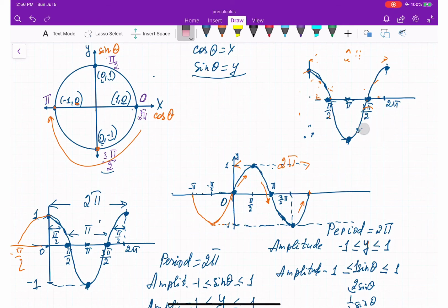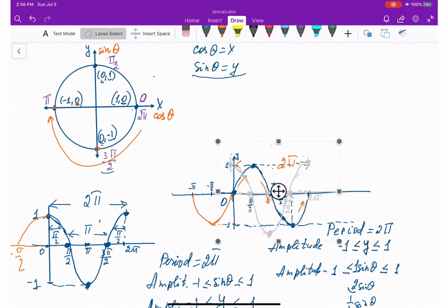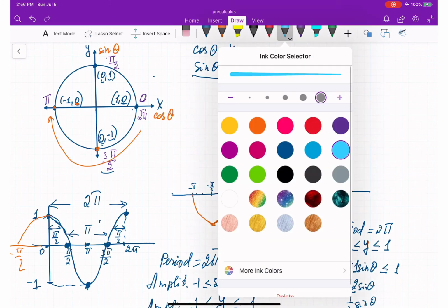Okay, not bad, I think it's good enough. All right, so now let me circle and put half a pi and pi, and I'm going to change the color on the thickest one.